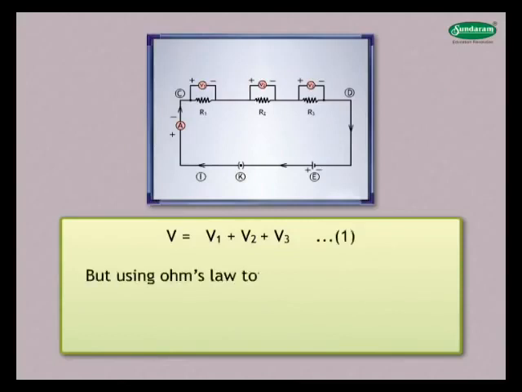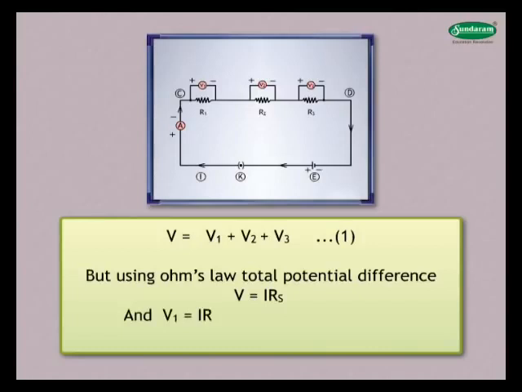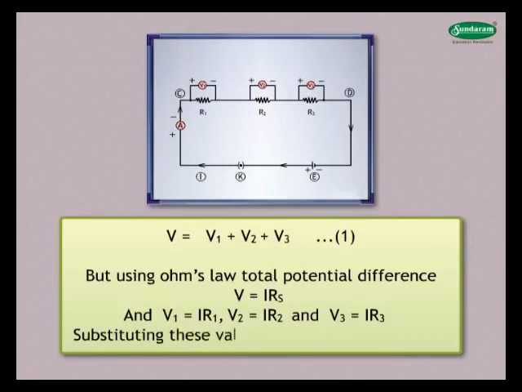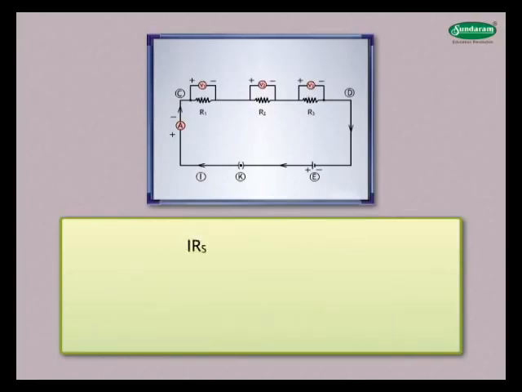But using Ohm's law, total potential difference V is equal to IRs, and V1 is equal to IR1, V2 is equal to IR2, and V3 is equal to IR3. Substituting these values in equation number 1, we get IRs is equal to IR1 plus IR2 plus IR3.